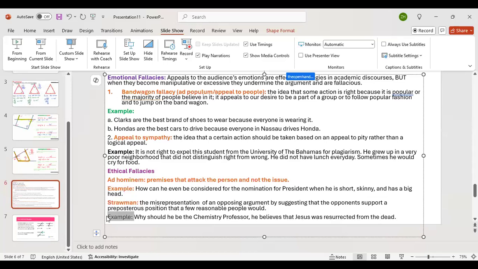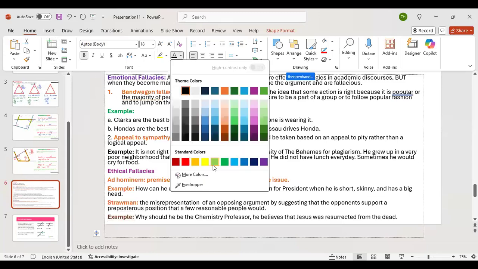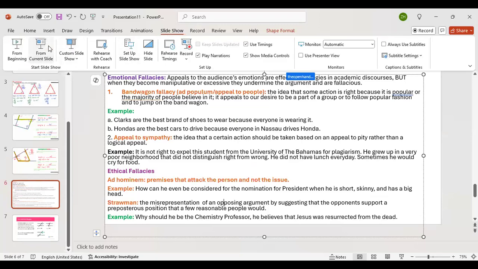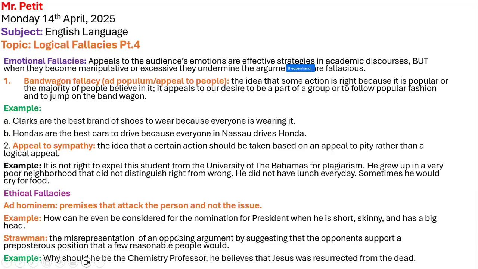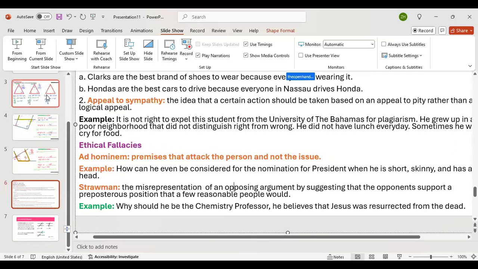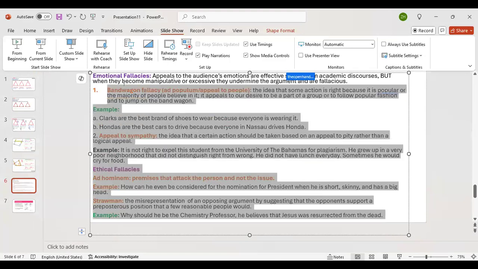So what am I doing now? It's a straw man attack, because I'm saying, hey, people in science, we don't believe that Jesus resurrected from the dead. So why should we hire him? He can't be a university professor because he believes that. That's a straw man attack, right? Because just because you believe that Jesus resurrected from the dead, that doesn't disqualify you from being a chemistry professor. And so that's what I mean by a straw man attack.